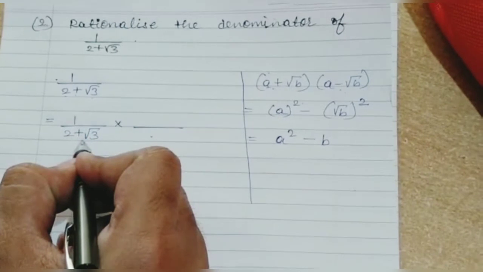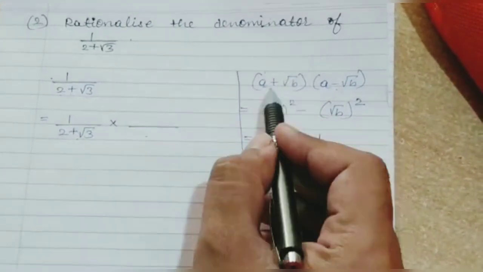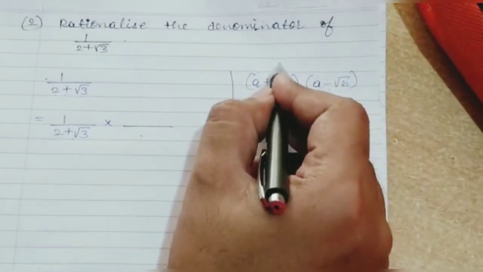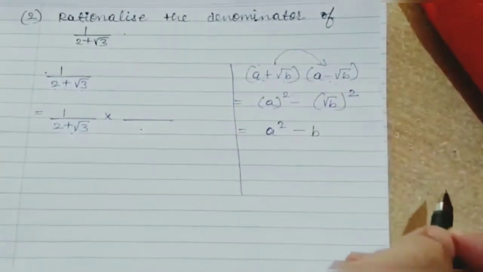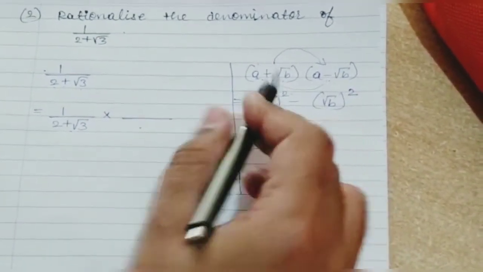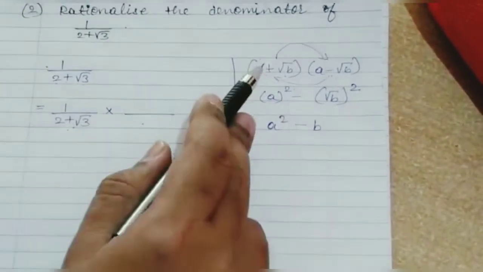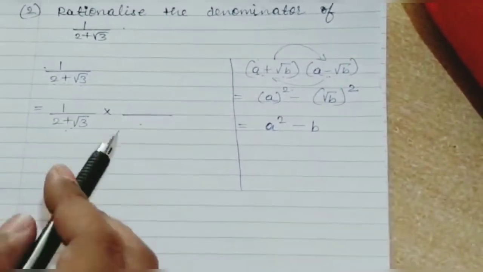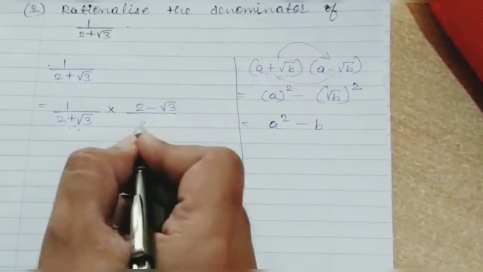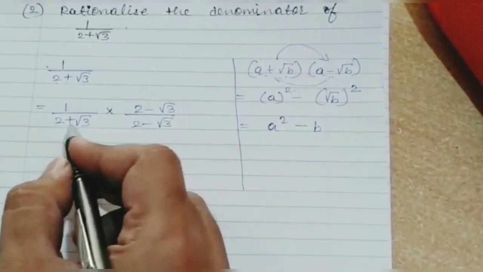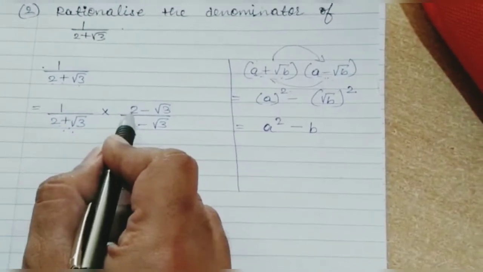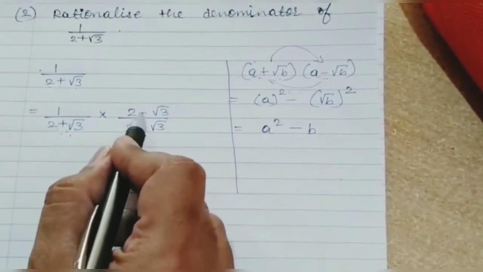The conjugate of a plus root b is a minus root b, and the conjugate of a minus root b is a plus root b. Right now the expression is in the form a plus root b, so we write the conjugate as a minus root b. So the conjugate of 2 plus root 3 will be 2 minus root 3. That's why we are multiplying the numerator and denominator by 2 minus root 3.